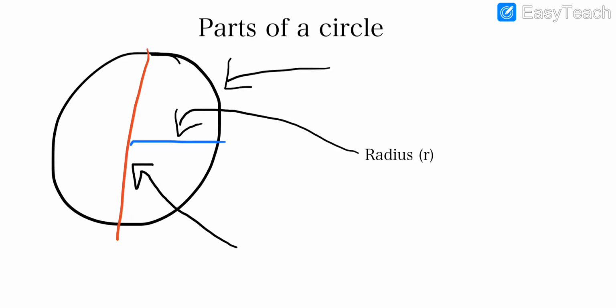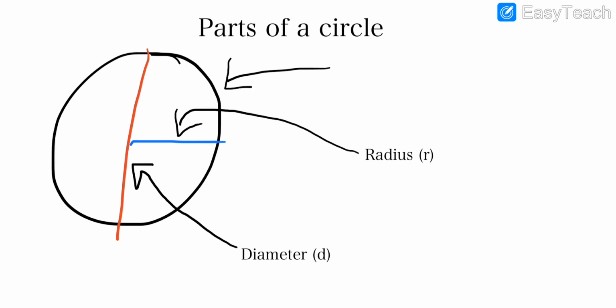Does anybody know what the red line is referring to? So if the blue line is the radius, the red line then is actually something called the diameter. And it is denoted in problems with a lowercase d. So d equals whatever it may be is actually giving you the diameter.